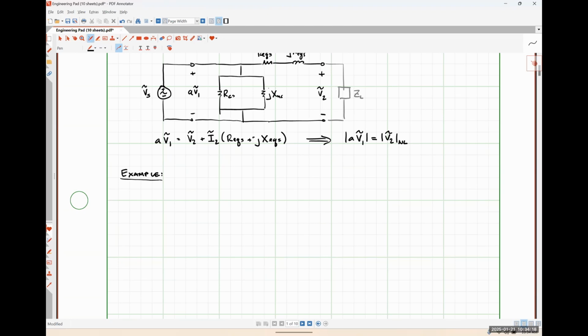All right, so let's say that we have a 100 kVA, 7,200 to 240 volts RMS, 60 hertz transformer that is tested, and the data collected is given below.